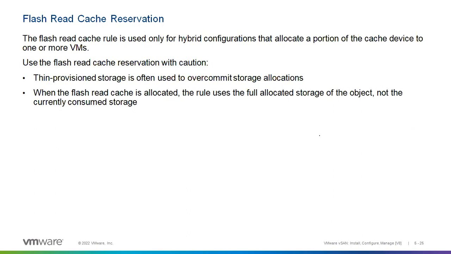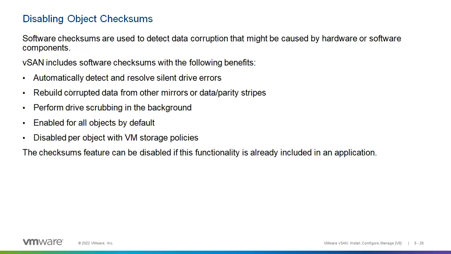Then flash read cache, as I said, if you want to increase the read performance of the VMs and you are using a hybrid configuration, then you should enable it. If your application is not read intensive, just keep it as it is. But if you are using an all flash array, then you don't need to configure this option at all, because you are already getting faster reads and writes.